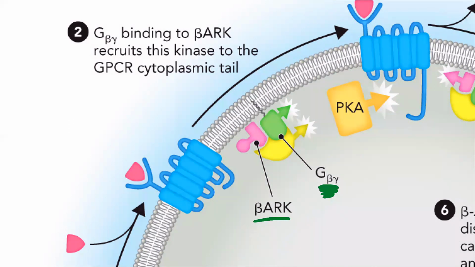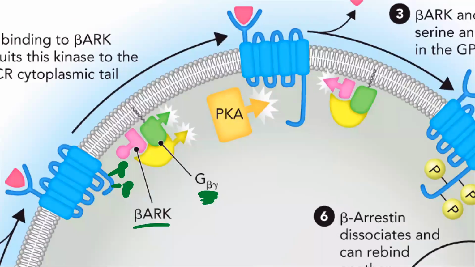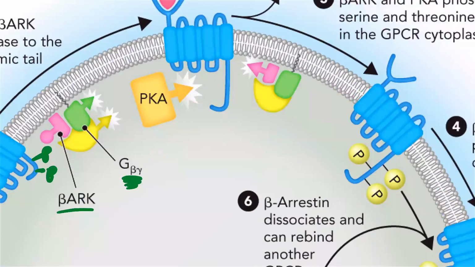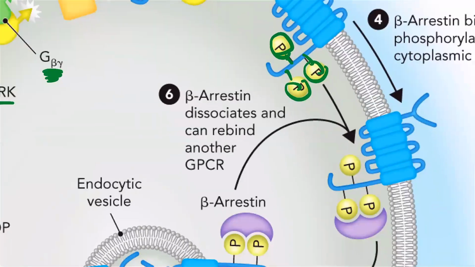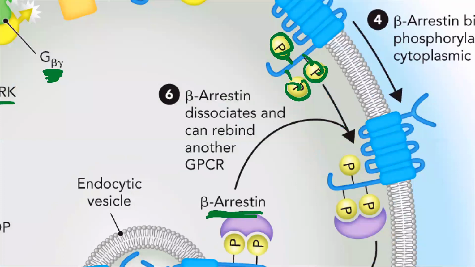Now that it's phosphorylated, this is a docking site, and it allows another protein to bind. That protein is called beta-arrestin. Beta-arrestin is going to bind right here to this phosphorylated terminal end of our receptor.